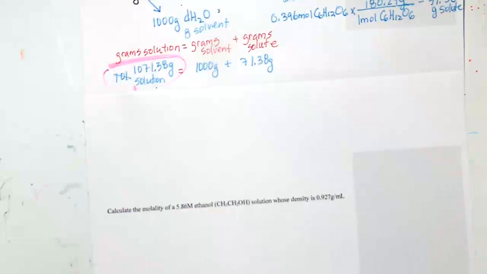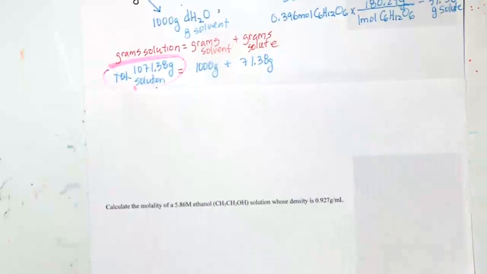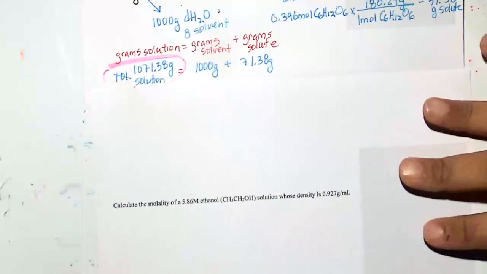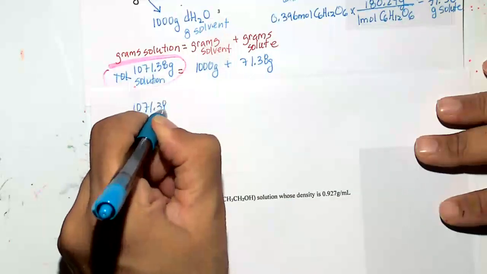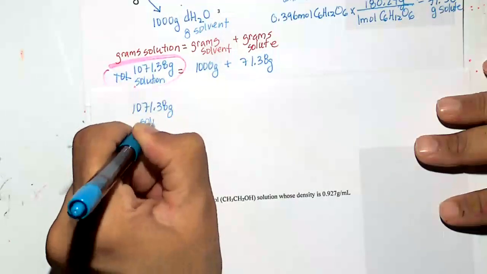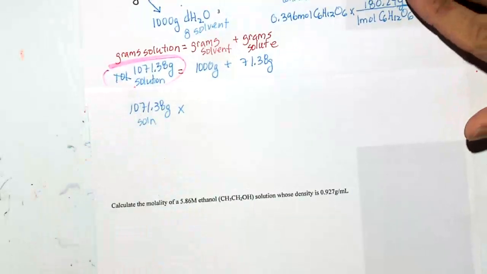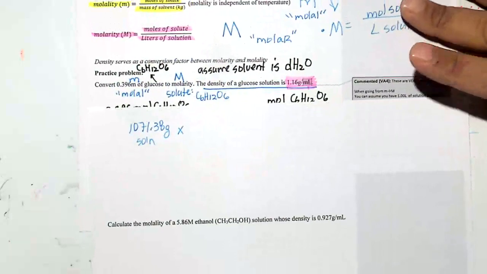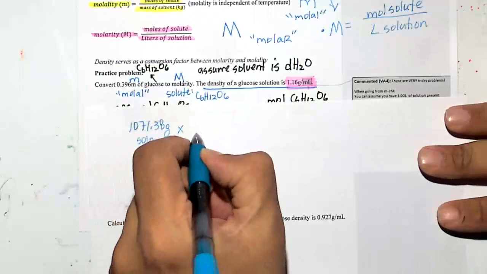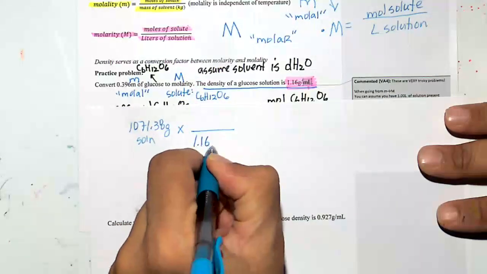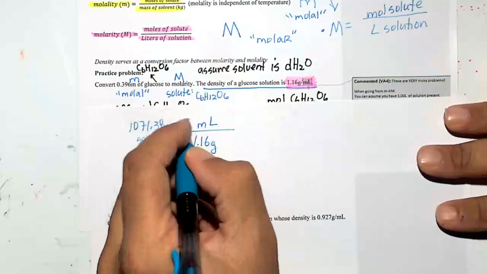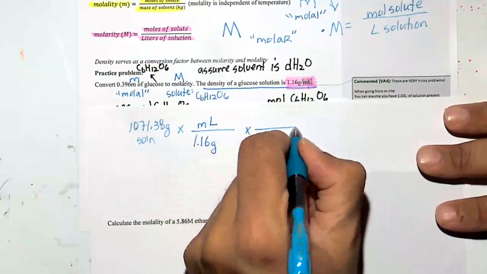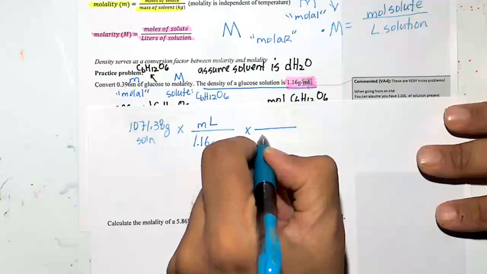All right, so we know that we have 1,071.38 grams of solution. Okay, our density is 1.16 grams per mil. I'm going to put the 1.16 grams at the bottom per mil. This is the density. Let's go ahead and convert this to liters.